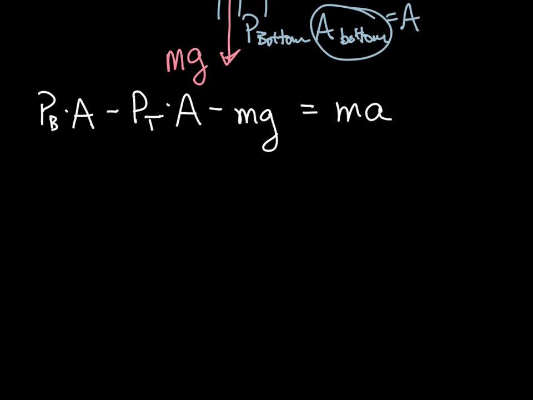Now right now I've just said I've got some square object. Well, what if I said this square object was a box of air, with no boundary?